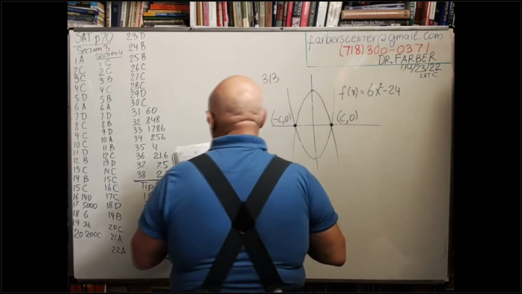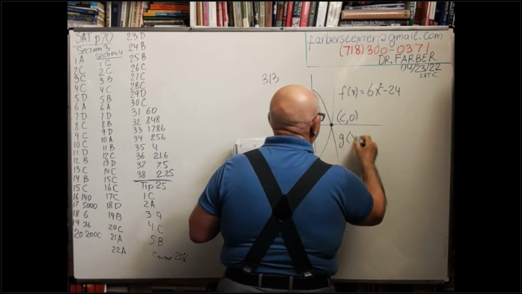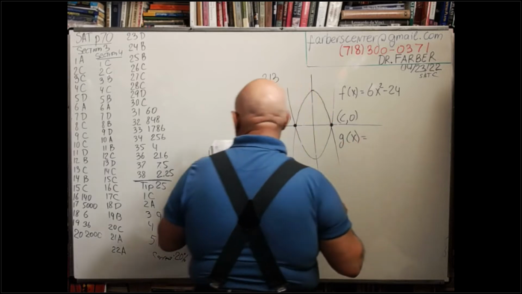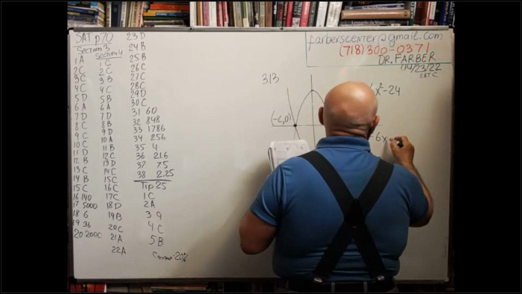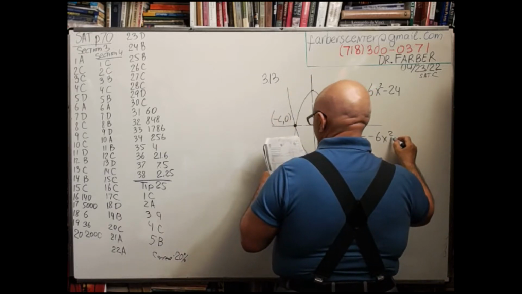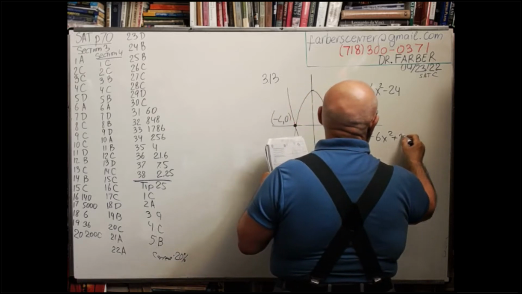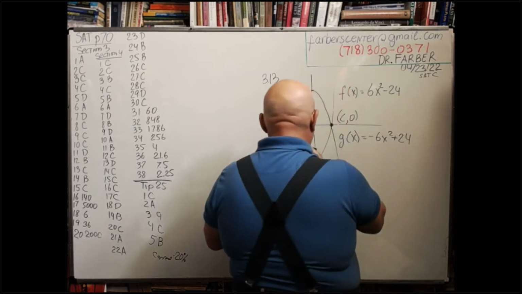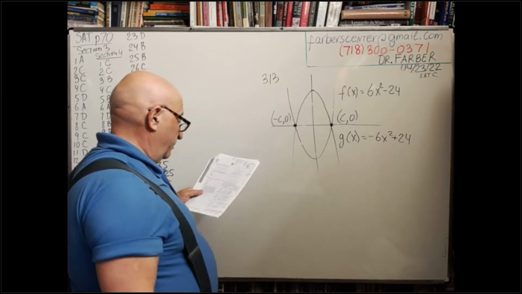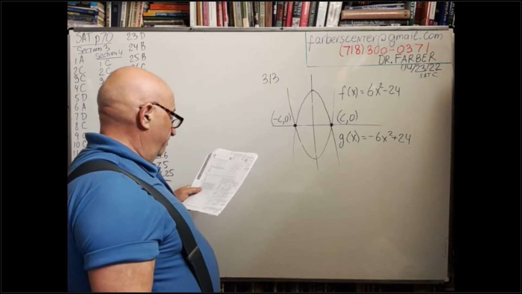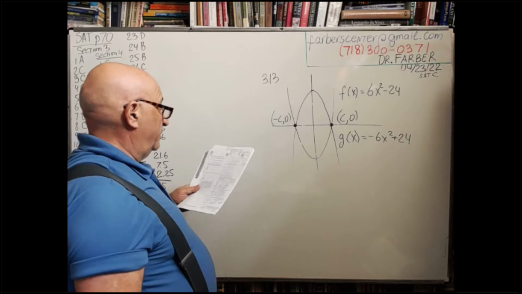And the downward parabola, g of x, is negative 6x squared plus 24. And what's the question? The graphs above intersect at point C. What is the value of C? Find C.